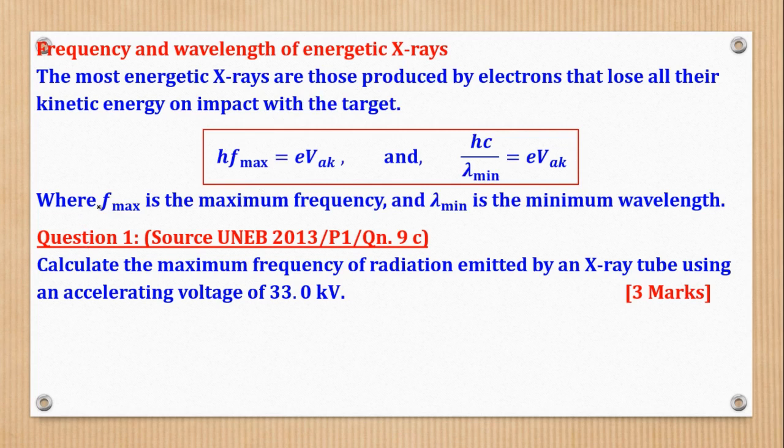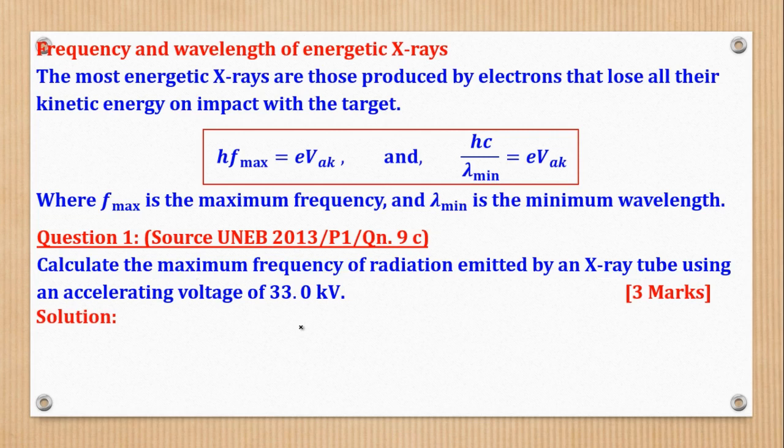So f_max is the maximum frequency, lambda_min is the minimum wavelength. They can either ask for frequency or wavelength. Question 1 came from UNEB 2013 paper 1 question 9c, and it says calculate the maximum frequency of radiation emitted by an X-ray tube using an accelerating voltage of 33 kilovolt.